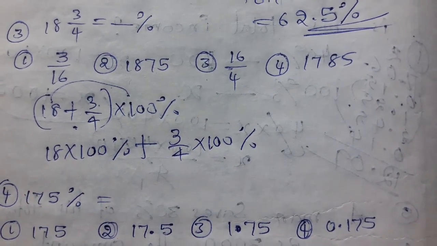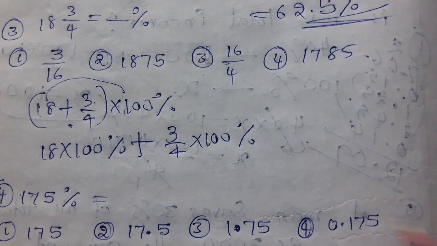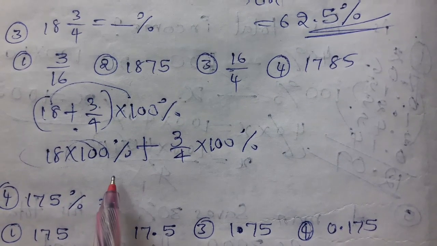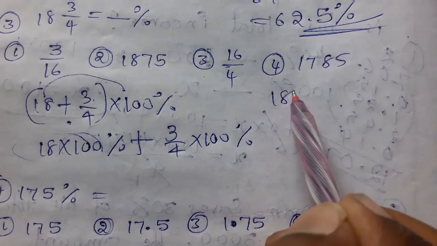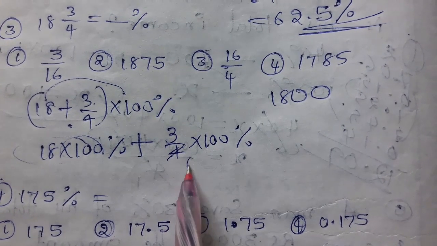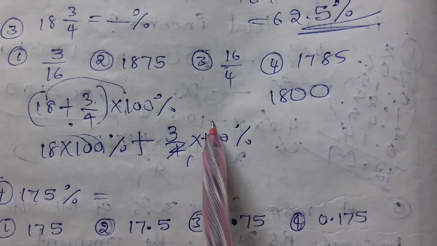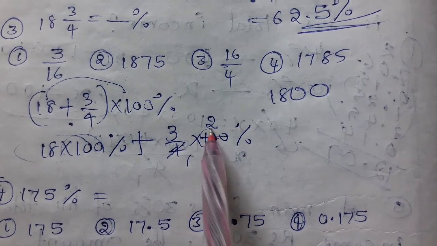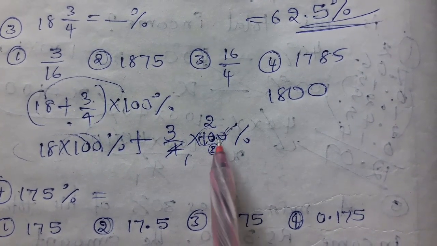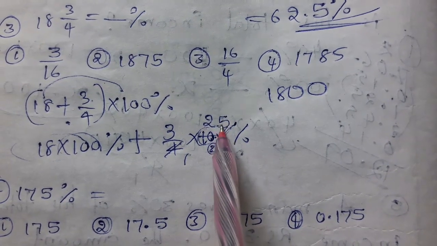Now 18 multiply with 100, it gives how much? 1800. Here 4 ones are 4, this becomes 4 twos are 8, means how much is left? 2. So 2 0 is there. 4 5s are 20.